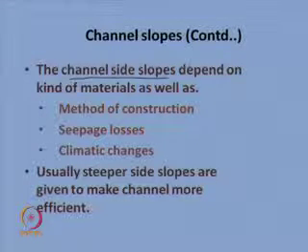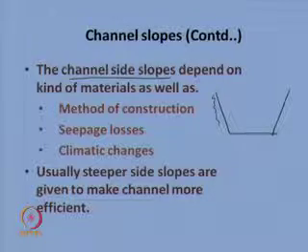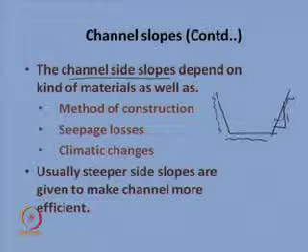In the channel slopes we suggested that the channel side slopes are also quite important. The channel side slopes depend on the various kinds of materials. You have seen that you can use different types of materials for construction of channels. So, based on the materials, one may have to adopt the side slopes. Say here in the side slope, what should be this ratio 1:b?